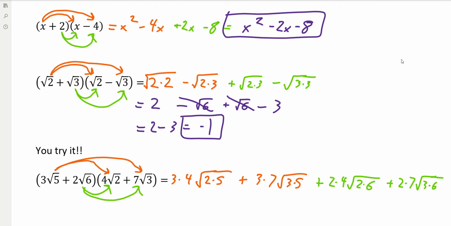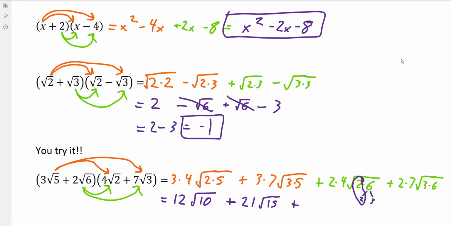All right. So now what we can do is simplify it a little bit. So we can get 12 root 10 plus 21 root 15 plus, and now here's what's interesting, the 6 can actually be put into a 3 and a 2. So then we can take out a 2 out of our square root.